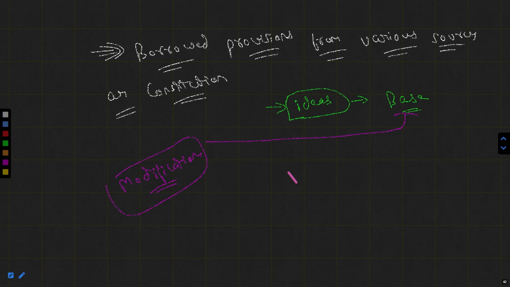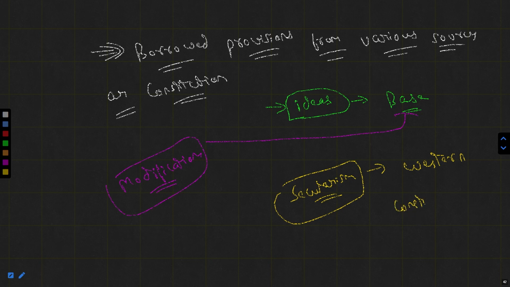For example, take secularism. We had borrowed secularism from the Western constitution. That is true, but only the idea or the base. Why?